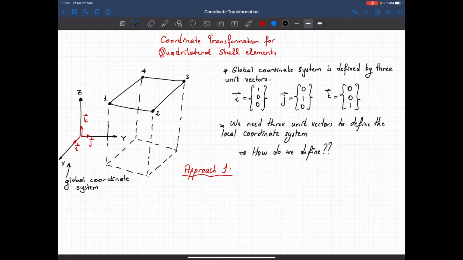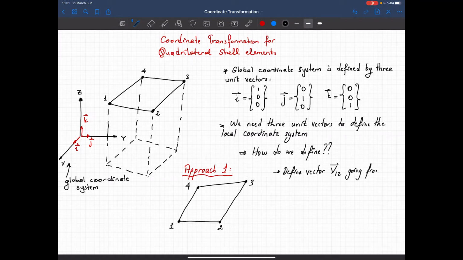Let's take a look at the shell element now in its local axis 1, 2, 3, and 4. The first step is to define vector v12 going from node 1 to node 2. We know the coordinates of every node, so by using that, we define a vector v12.